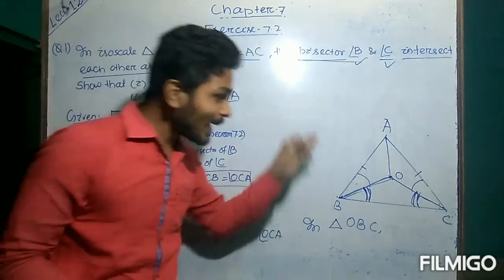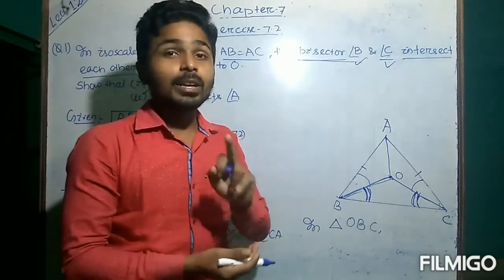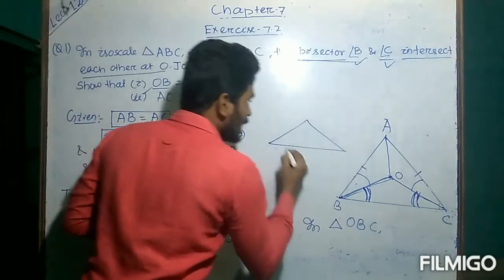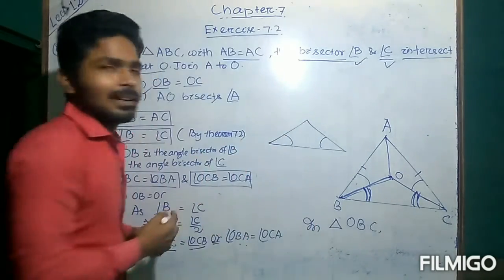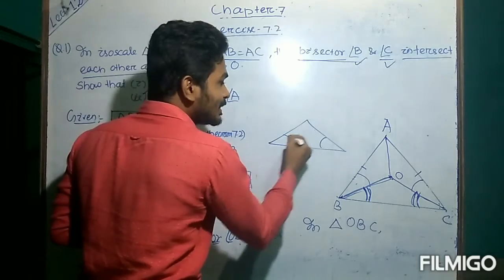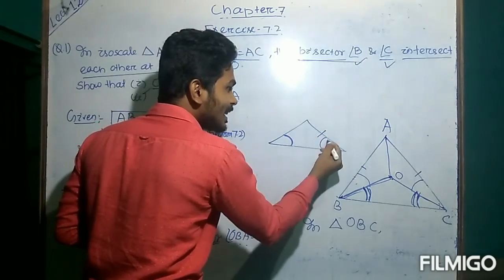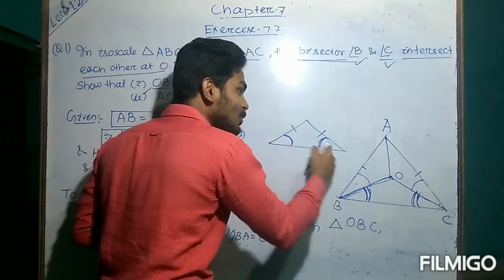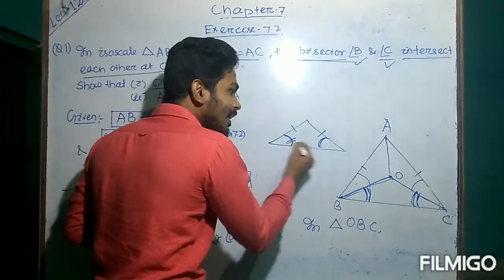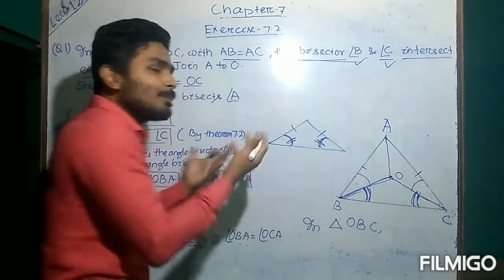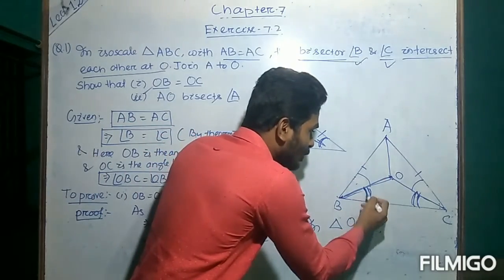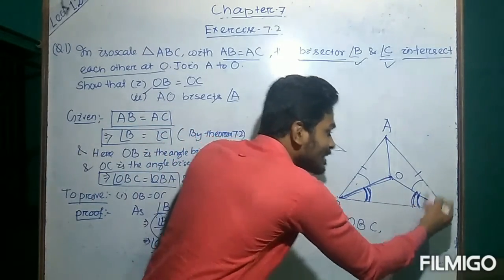Now put theorem number 7.3 here. According to theorem 7.3, if in a triangle any two angles are equal, then the opposite sides must be equal. Similarly, here in this triangle, we have found this angle is equal to this angle.